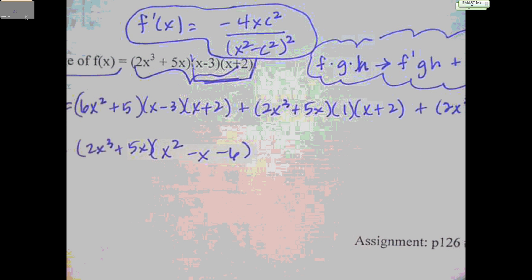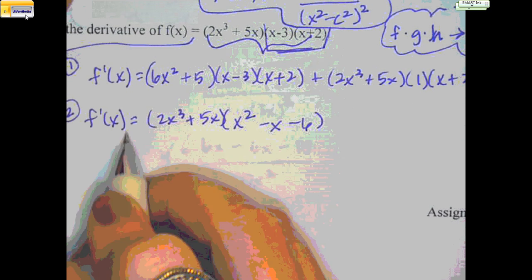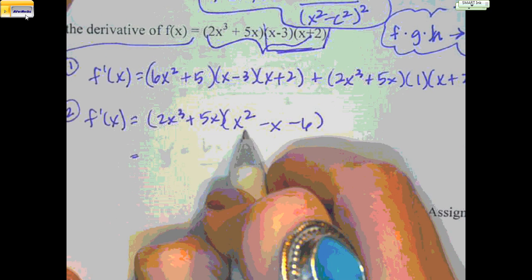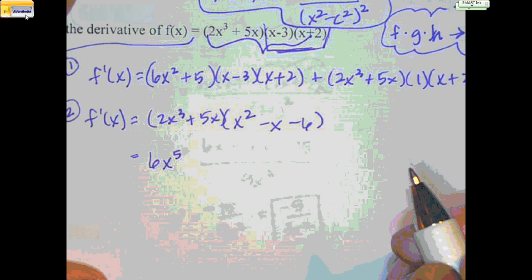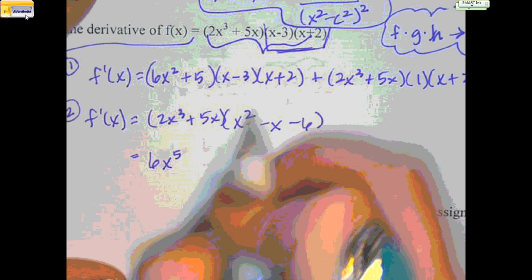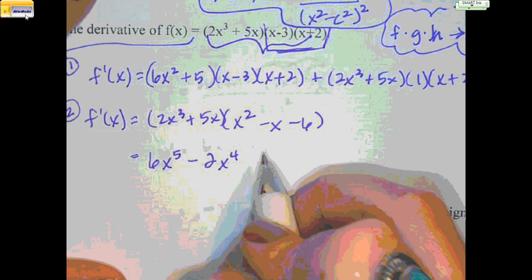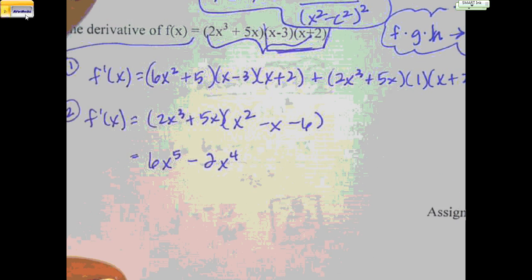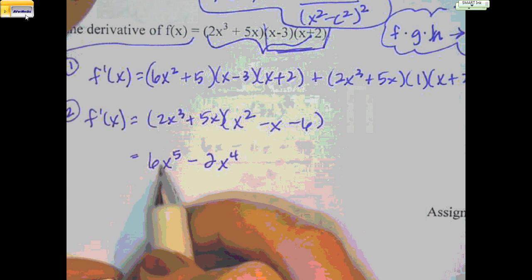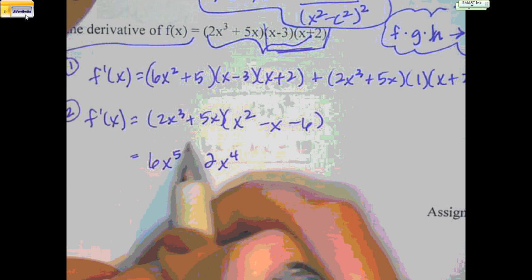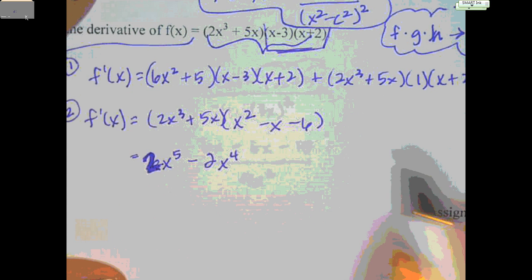Okay. I'm going to take all 3 of these times 2x cubed. So I've got 6x to the 5th, not 6th. Next is negative 2x to the 4th. Actually, 2. I think I did the derivative or something weird. Sorry, good catch. 2x to the 5th.